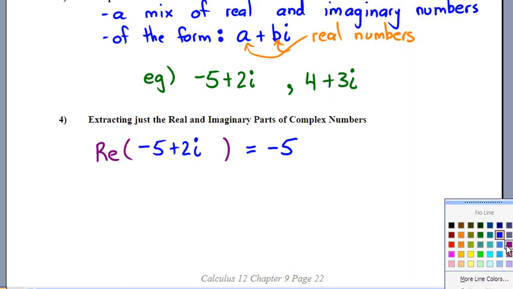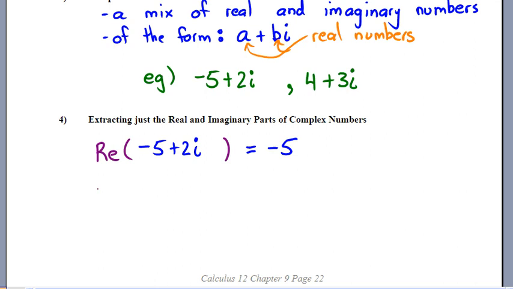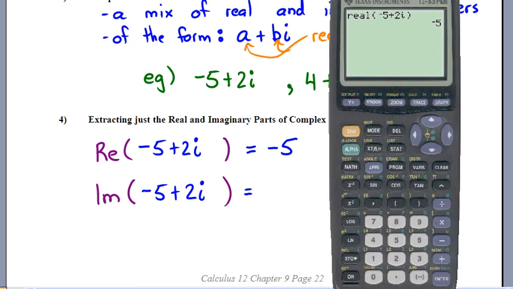Likewise, we've got another operator in the world of complex numbers. This one is going to find out the imaginary part, or maybe I should say how big the imaginary part is. So if I put in here -5 plus 2i, it doesn't actually say 2i, right? You might think, really? That's the imaginary part, right? Well, it's only supposed to tell you how big the imaginary part is.